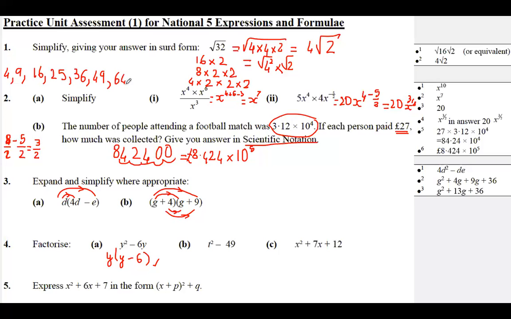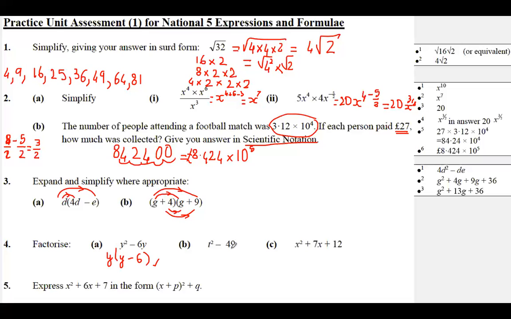Tattoo them on your forearms. And then 81, in case you forget them. It's a good thing to write them because when it comes to factorizing, you'll be able to see straight away, oh, I've got 49 here. And that might just ring a bell, that 49 is 7 squared.